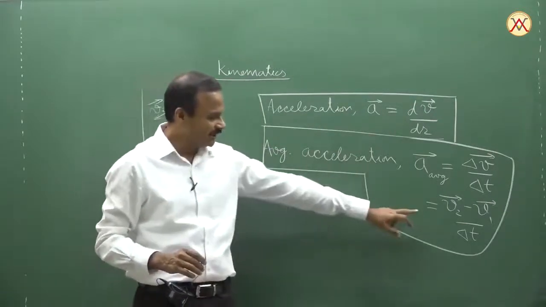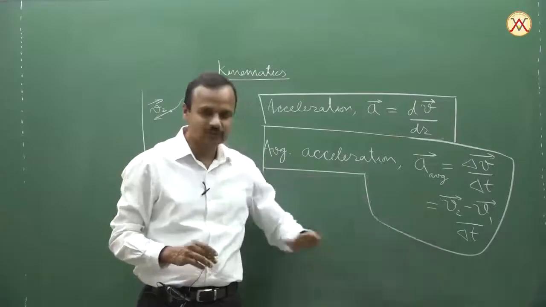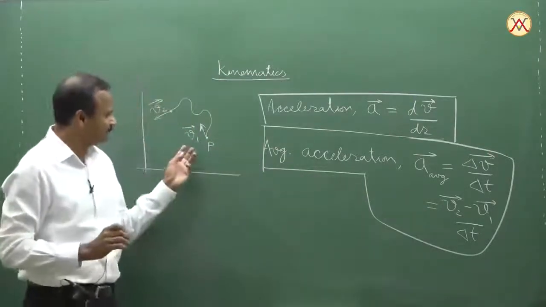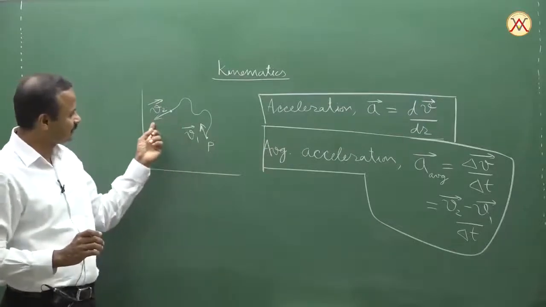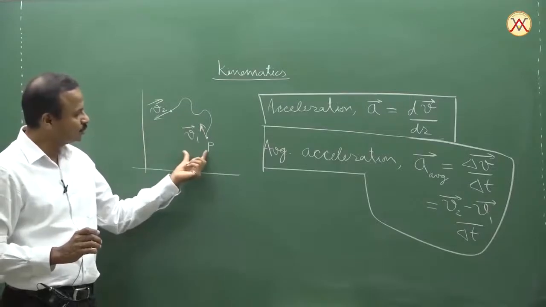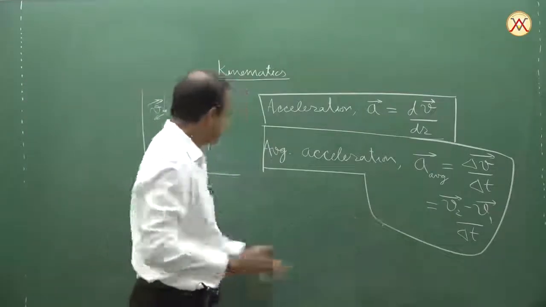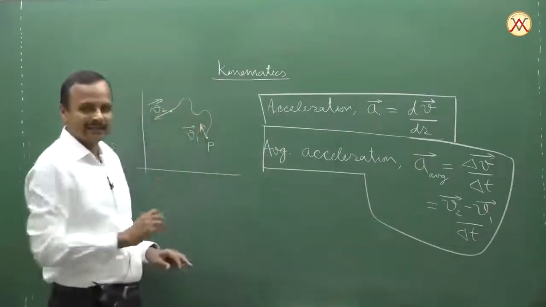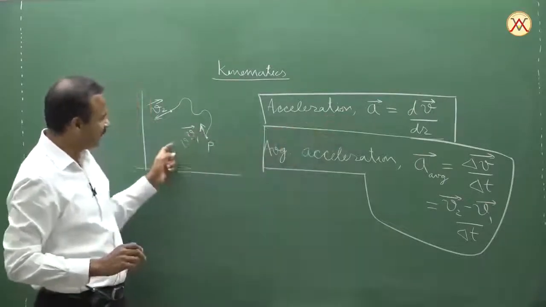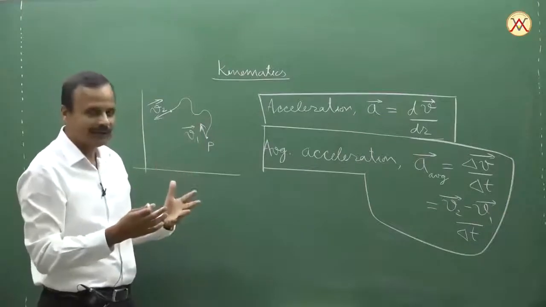For average acceleration, you just need final and initial velocities. So for example, in this situation, if the final velocity of the particle is V2, initial is V1, knowing these two, we can calculate acceleration. We don't need velocity at each and every point. But the acceleration at every point can have a different value.